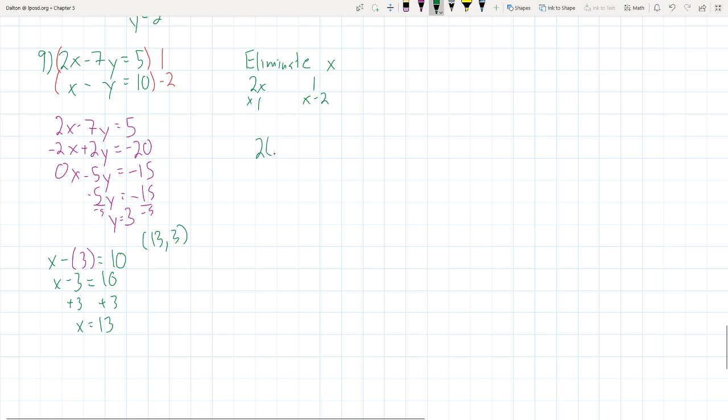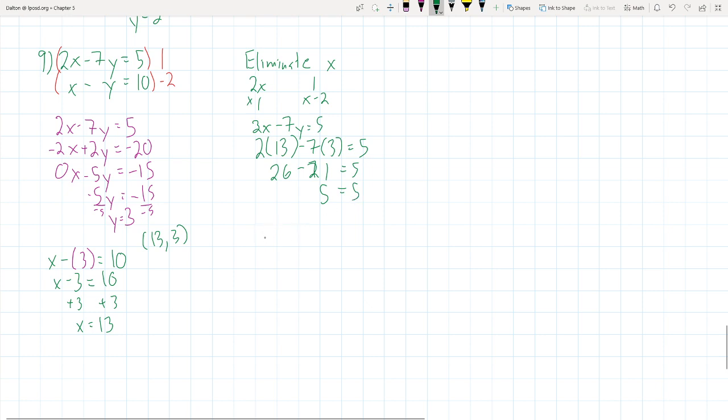So I go 2x minus 7y equals 5. 2 times 13 minus 7 times 3 equals 5. 2 times 13 winds up being 26. 7 times 3 is 21. 26 minus 21 is 5.